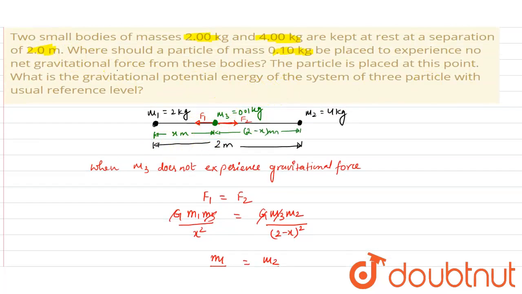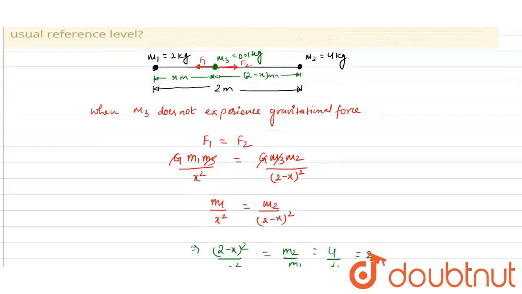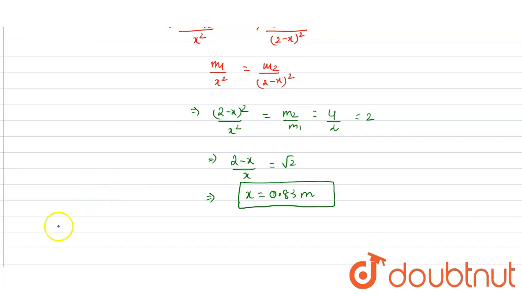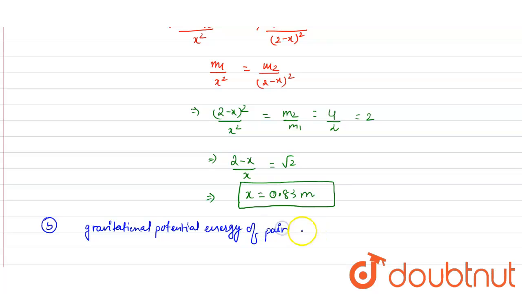Now in the second part, what we have been asked is, if the particle is placed at this point, what will be the gravitational potential energy of the system of 3 particles with the usual reference level. So let us calculate the gravitational potential energy of the pair of masses M1 and M2.